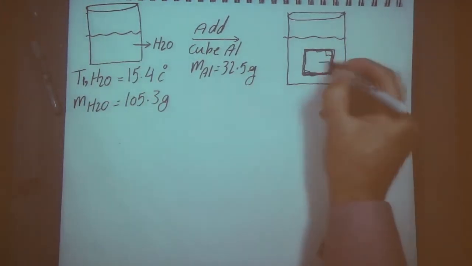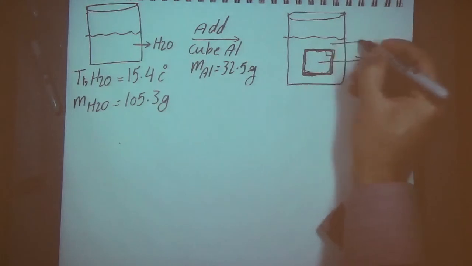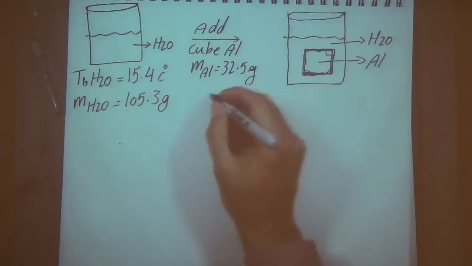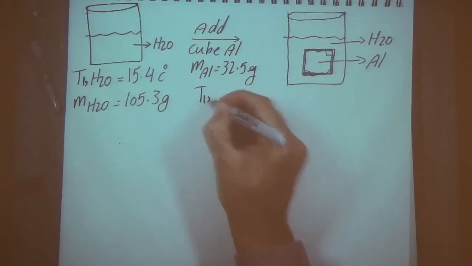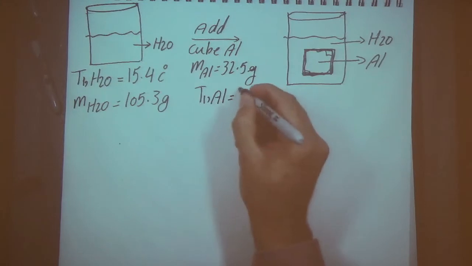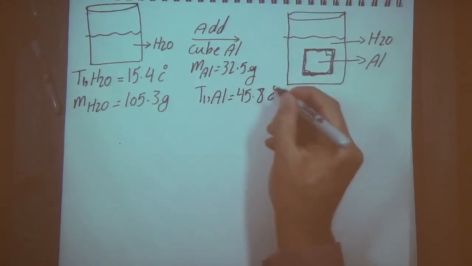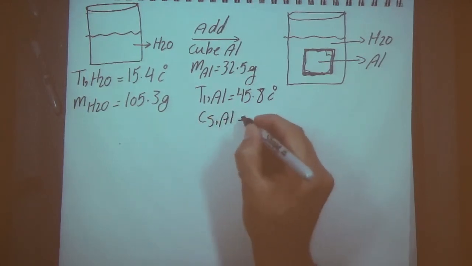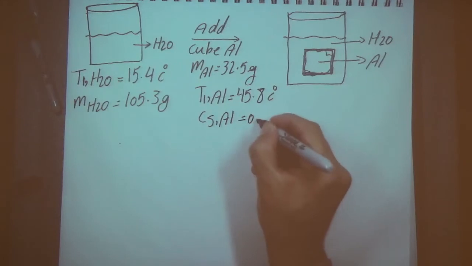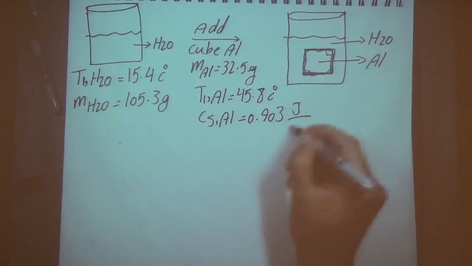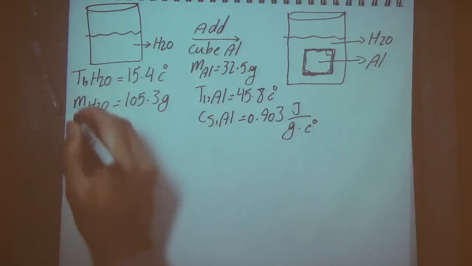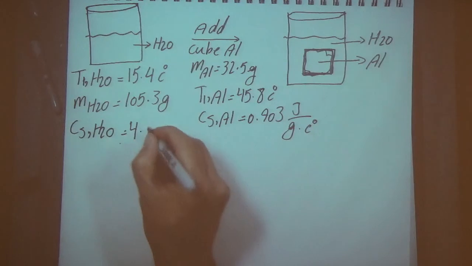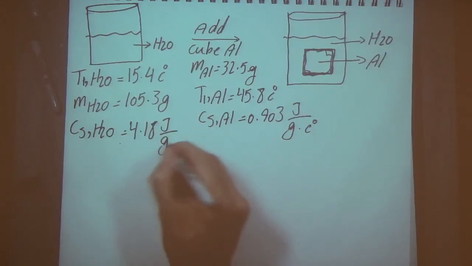Okay, this is the aluminum, and that one is the water. T1 of aluminum is equal to 45.8 degrees Celsius, and Cs for aluminum is equal to 0.903 joule over gram degrees Celsius. Cs of water is equal to 4.18 joule over gram degrees Celsius.